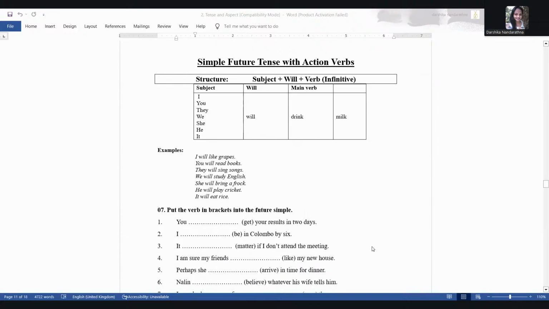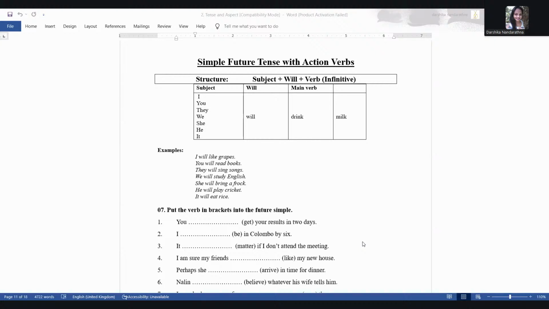Then I didn't add an activity to that, as the sentence structure is really easy. Then let's pay our attention to simple future tense with action verbs. Okay, sentence structure is given here. Subject plus will plus verb in infinitive. When it comes to simple future tense, we have an auxiliary verb actually in the sentence structure, and also a main verb too.